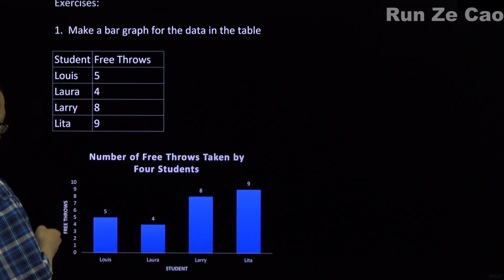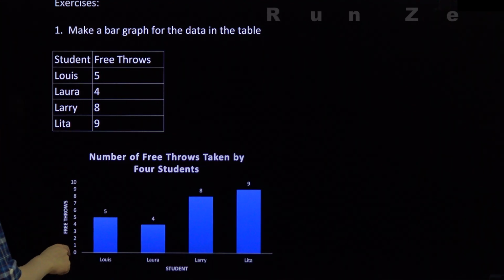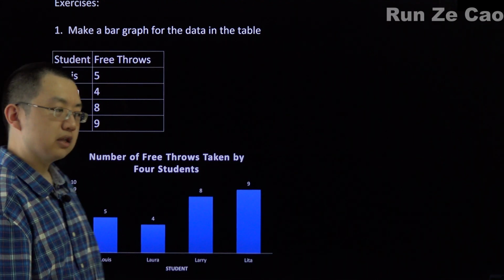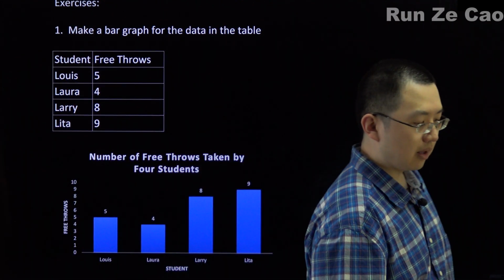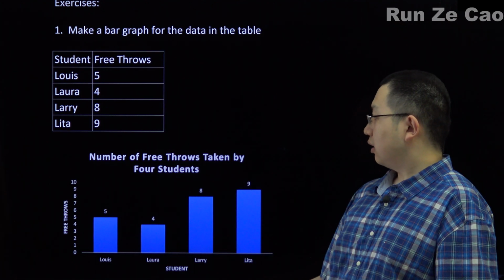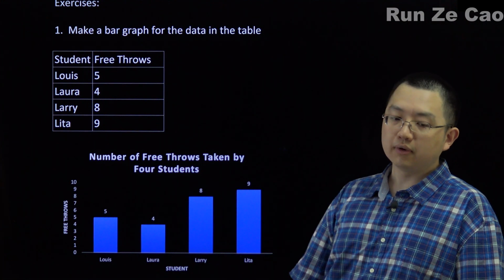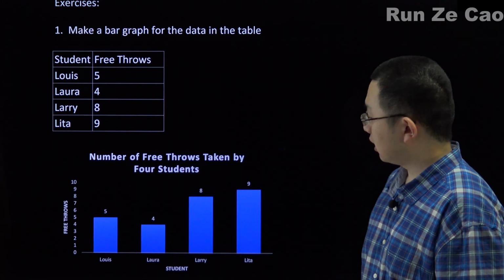And we would label the axis with what those quantities represent. And of course we also need a scale to make sure that people know what column size means what. Because, well, you don't necessarily need to label the columns with their quantities.